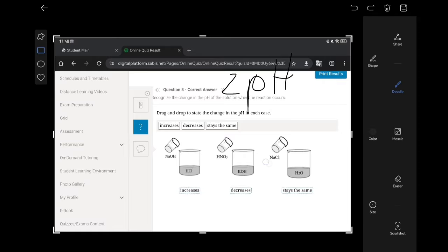Here's the opposite. It's already a base, and you're adding an acid. So the pH is going to decrease because it becomes more acidic. And here, H2O and salt. Salt doesn't really affect the pH that much. Salt water, the pH doesn't really change.